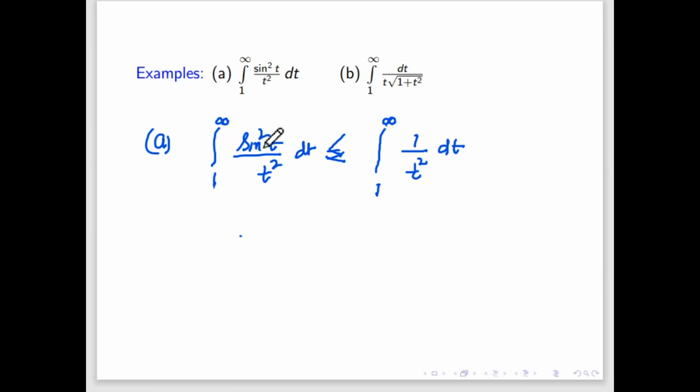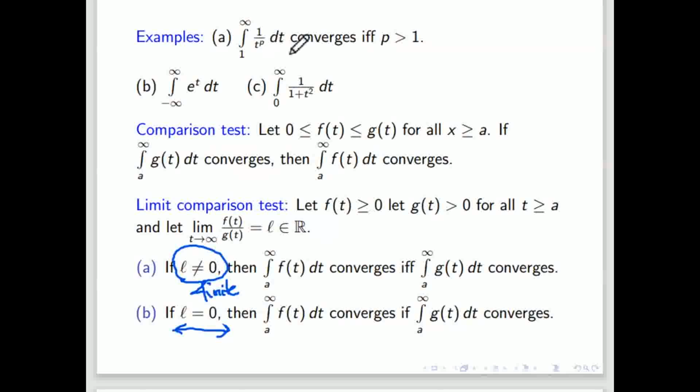Yes. The maximum value of sin squared is 1. So is this integral convergent or not? It is 1 upon t to the power p. So this is kind of a p series. If p is greater than 1, it is convergent. But just remember, the limit should be 1 to infinity. If the limit is something else, then we are not saying anything.